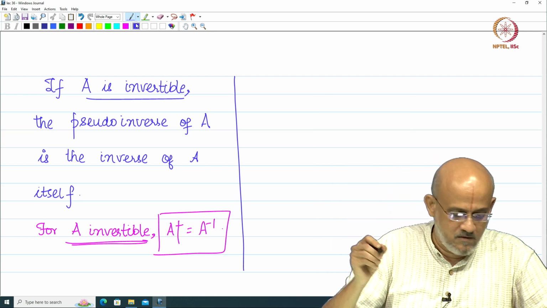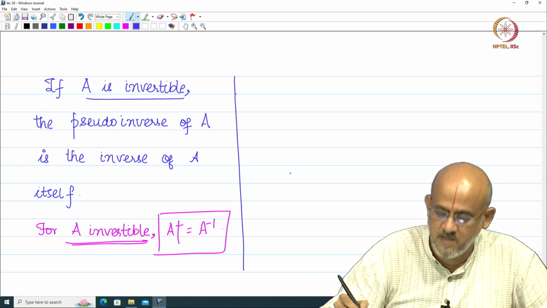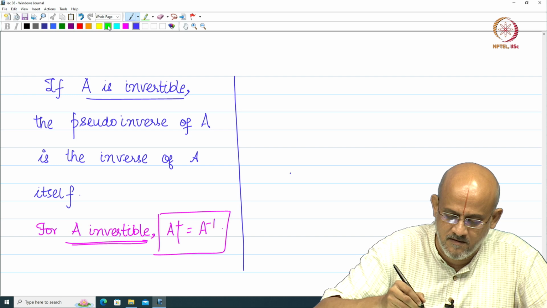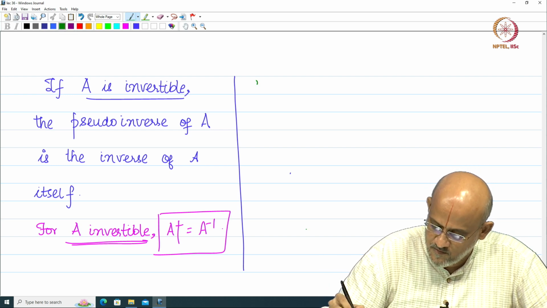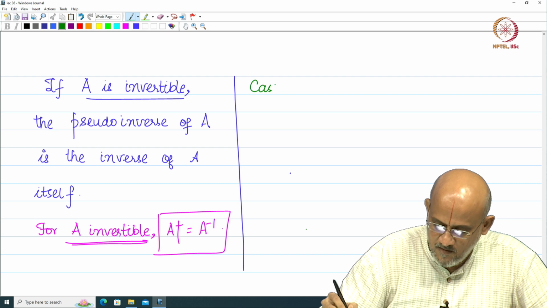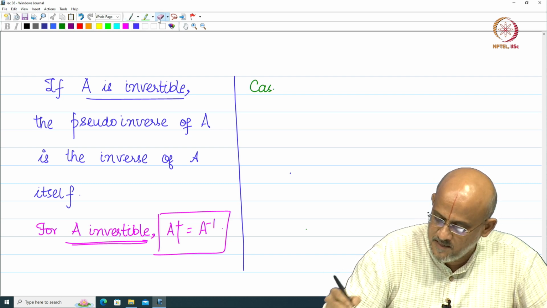Now, we will look at the other one. Suppose we actually had the other, which is exactly where we started. So, case 2. Let us look at the next matrix.